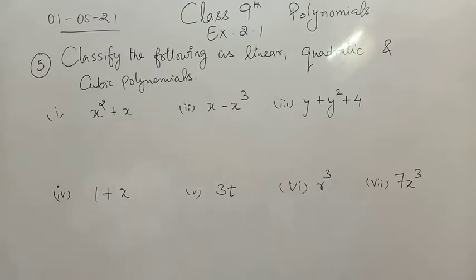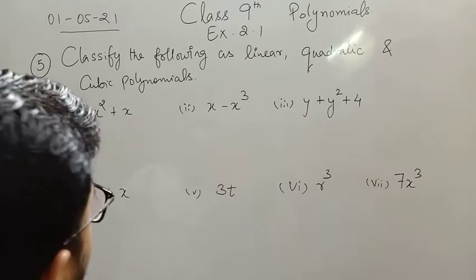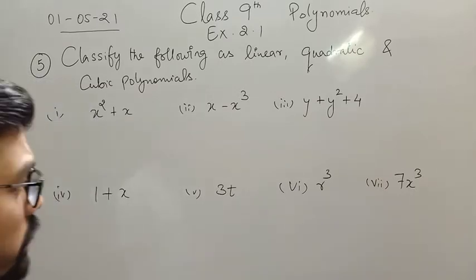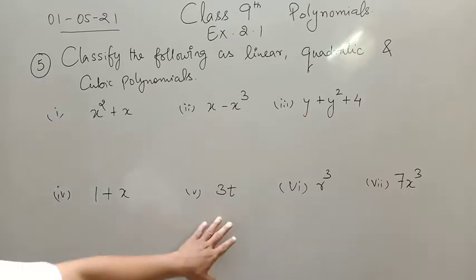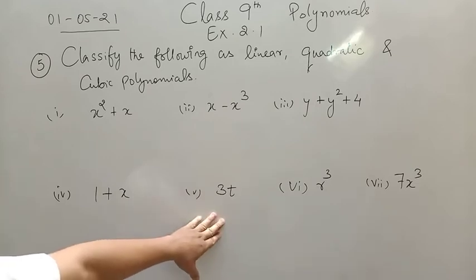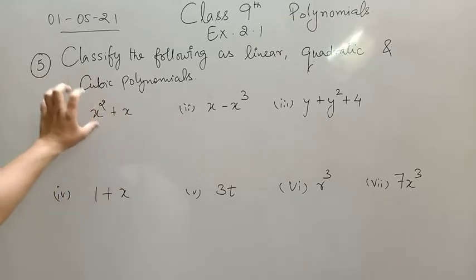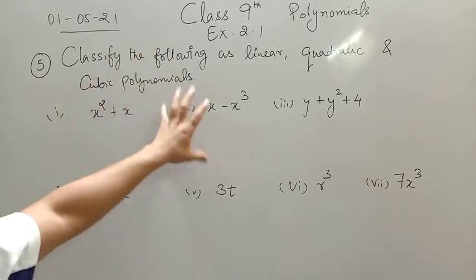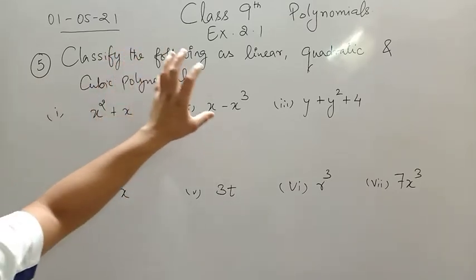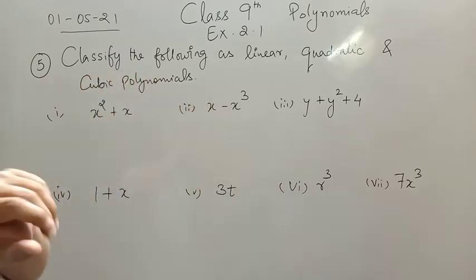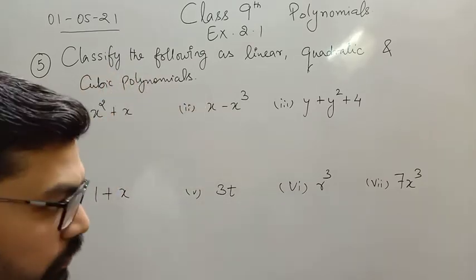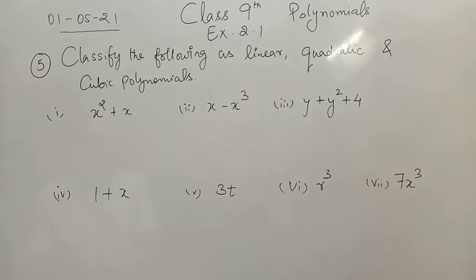Now the fifth question is, classify the following as linear, quadratic and cubic polynomials. Here 7 parts are given to you, where you just need to tell which algebraic expression is linear, which is quadratic, and which is cubic. So let's start.